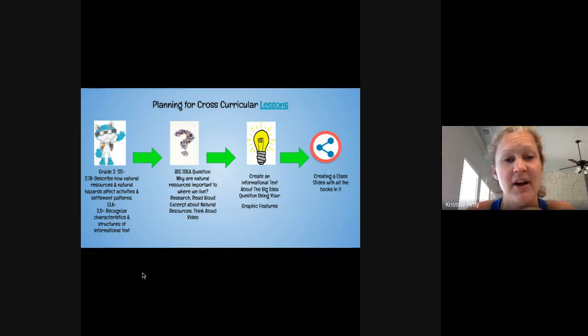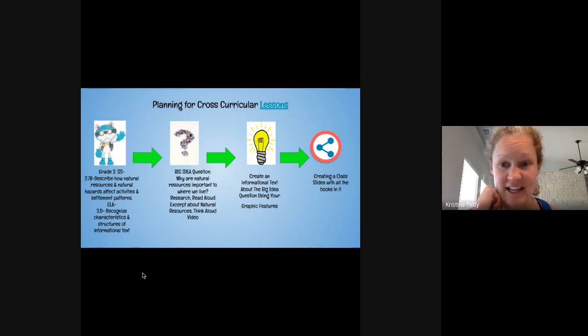Once they create a book, at the end I would maybe have them create a little excerpt or a video on Flipgrid that would talk about the different graphic features that they put into their book, and why they were important. So what did they add to the story? Because not only do we need them to recognize graphic features, but we also need them to know how they're important to the story.